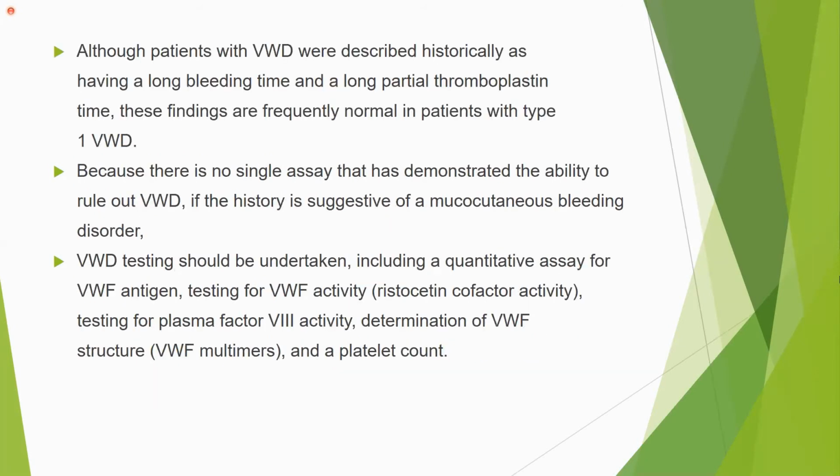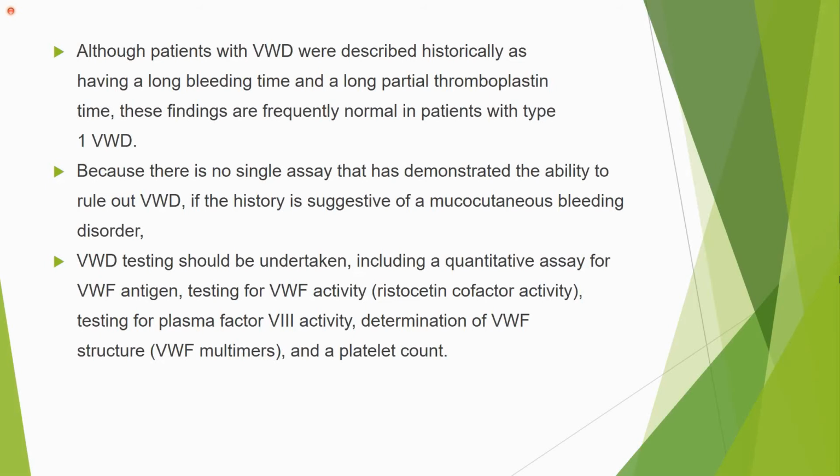Although patients with von Willebrand disease were described historically as having a long bleeding time and a prolonged partial thromboplastin time, these findings are frequently normal in patients with type 1 disease. And because no single assay has demonstrated the ability to rule out von Willebrand disease, if the history is suggestive of a mucocutaneous bleeding disorder, von Willebrand testing should be undertaken, including a quantitative assay for von Willebrand antigen, testing for von Willebrand factor activity, testing for plasma factor 8 activity, and a platelet count.